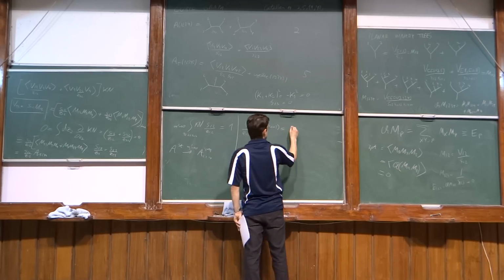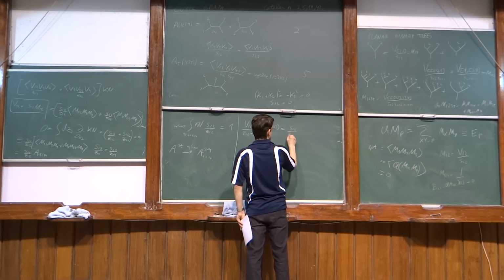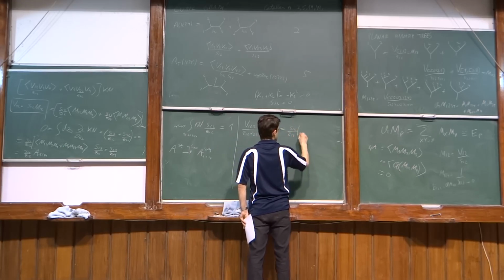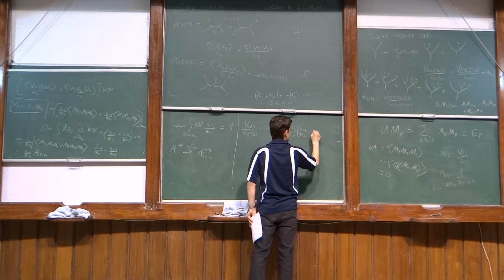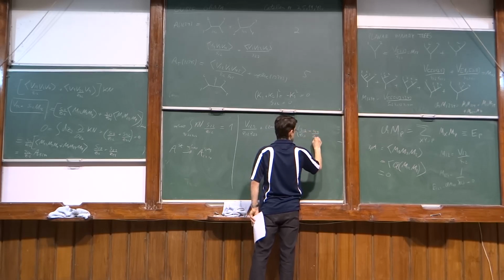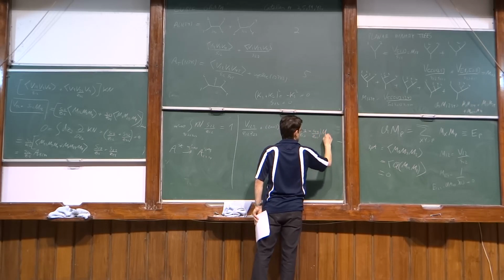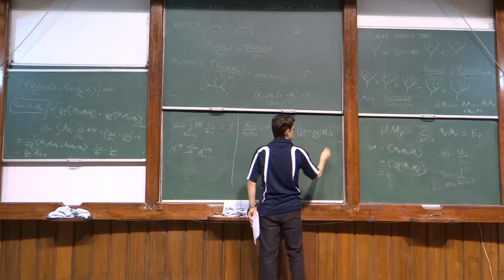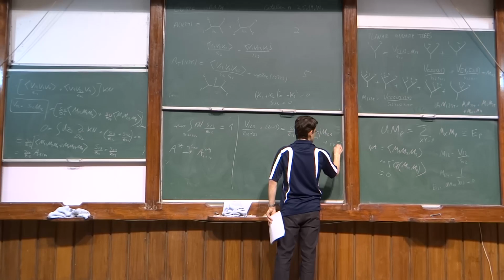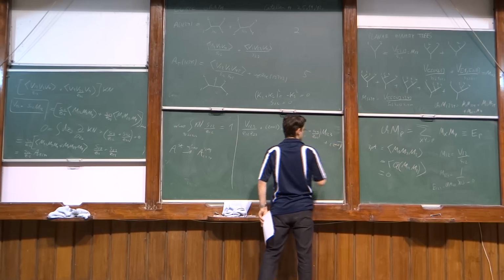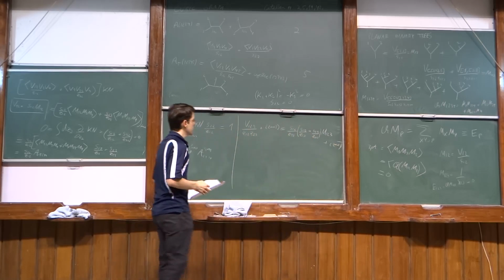That is S12 over Z12, S13 over Z13, and 1, 2, 3 plus 2 permuted with 3.